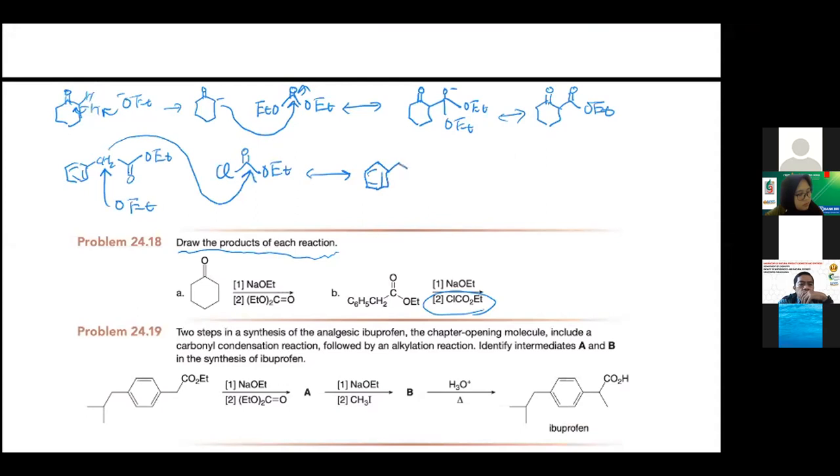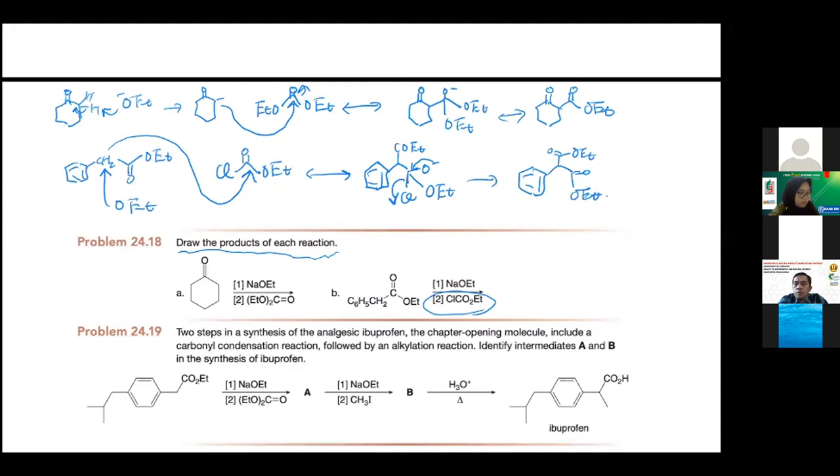This electron comes back to make the carbonyl, and the chloride atom is the leaving group. The product was formed there. Yes.